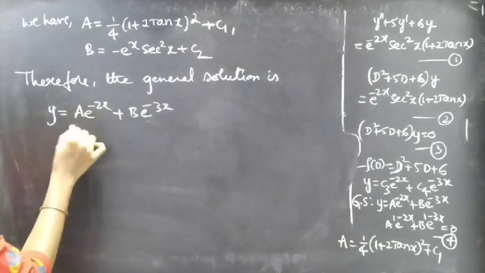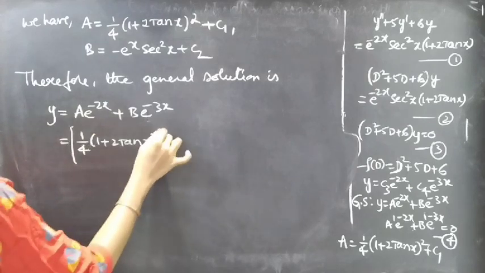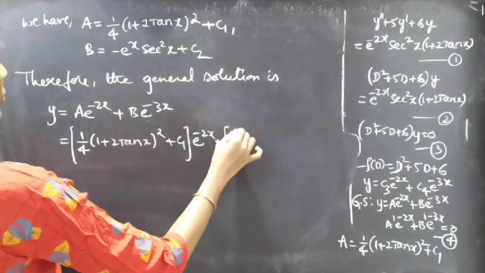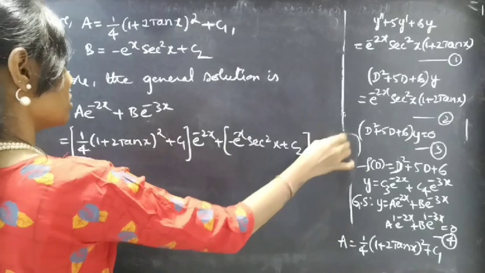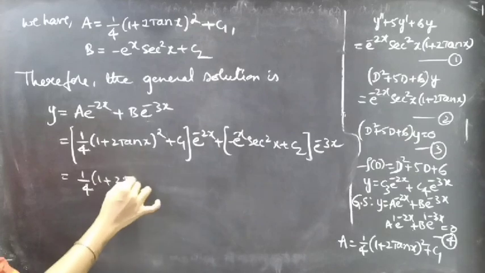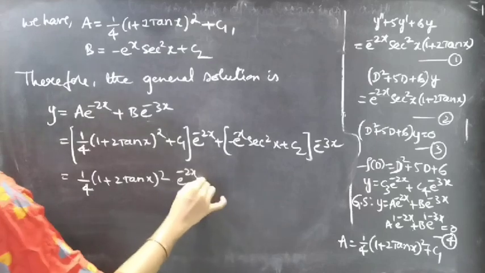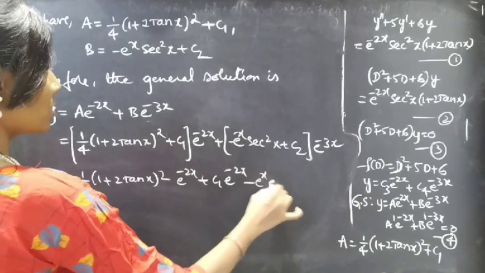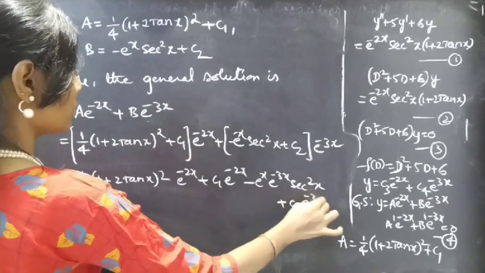Now substitute a and b, where a is 1 by 4 of 1 plus 2 tan x whole square plus c1, into e power minus 2x, plus b, which is minus e power x secant square x plus c2, into e power minus 3x, which gives us 1 by 4 of 1 plus 2 tan x whole square into e power minus 2x plus c1 e power minus 2x minus e power x into e power minus 3x secant square x plus c2 e power minus 3x, right?